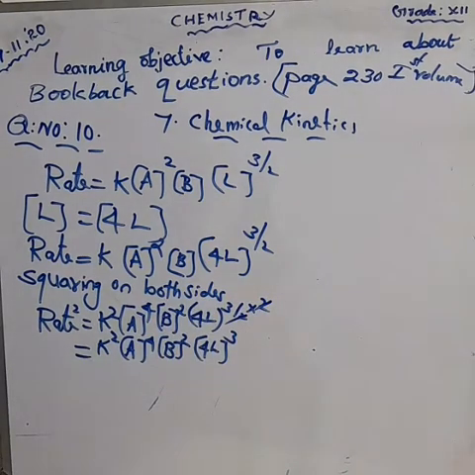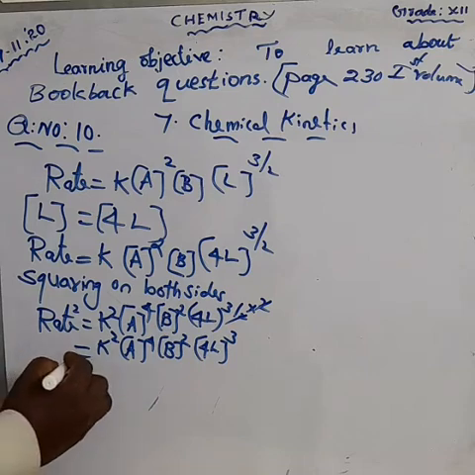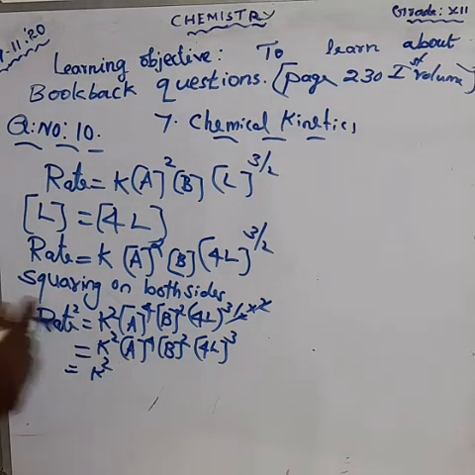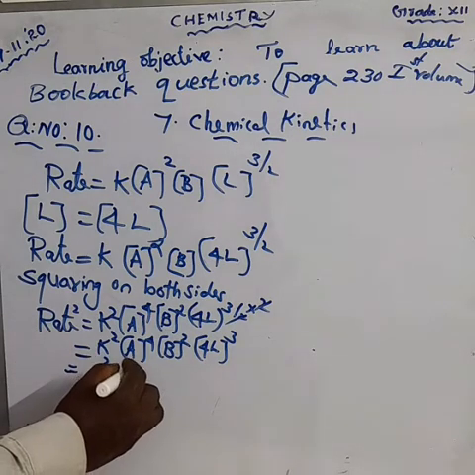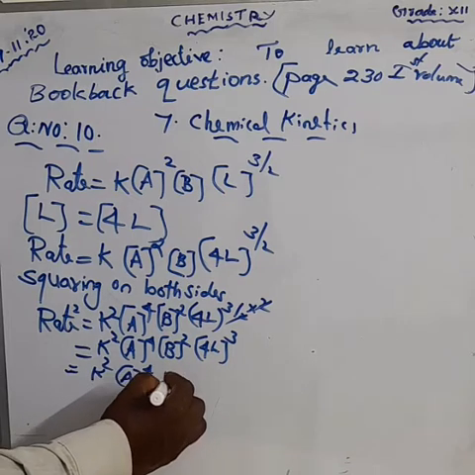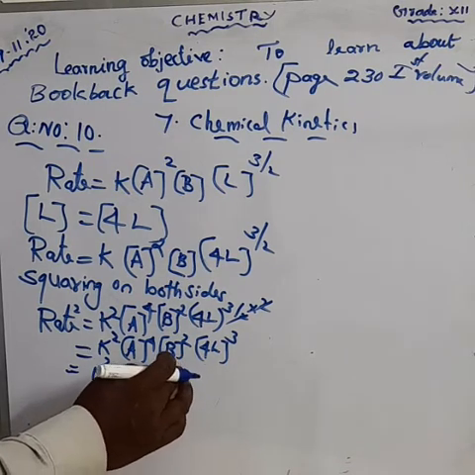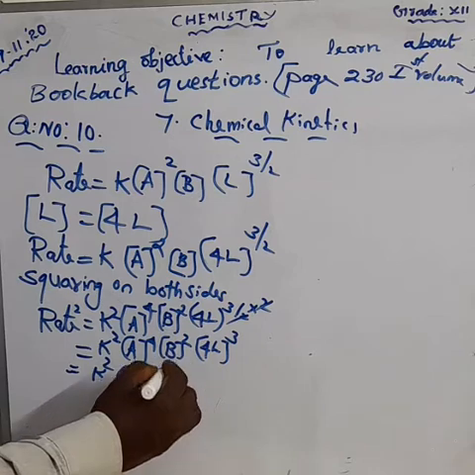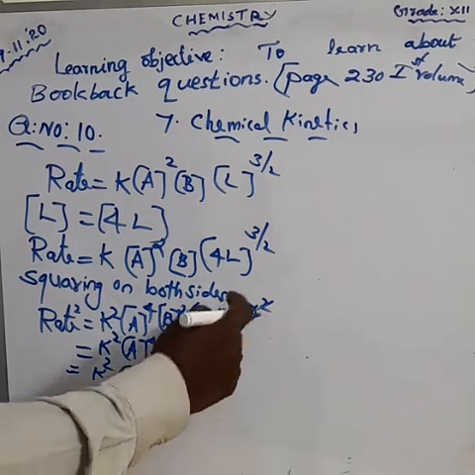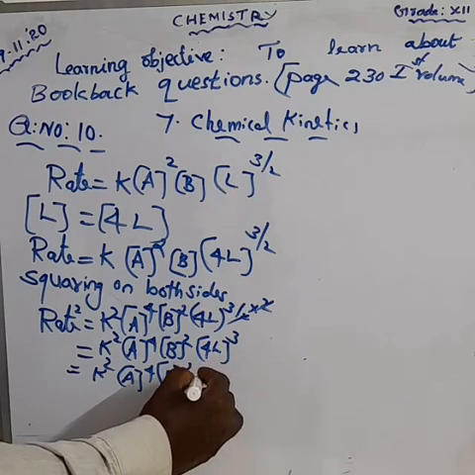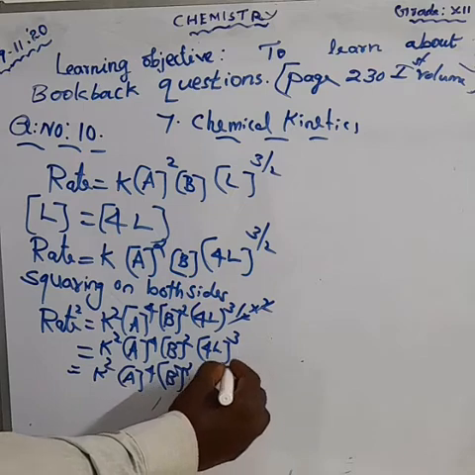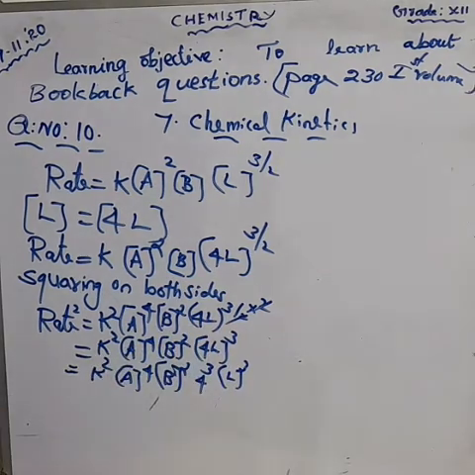Clear? Then again we can write, that is equal to K square A 4 B square, 4 3, we can take 4 cube, 4 Q and L Q. Clear?